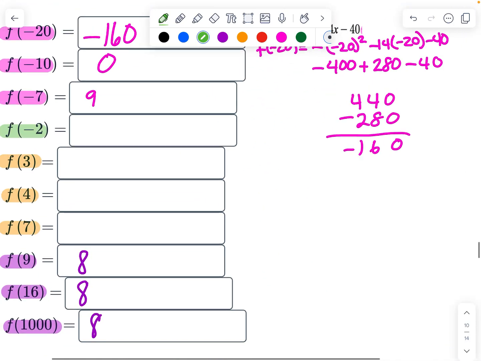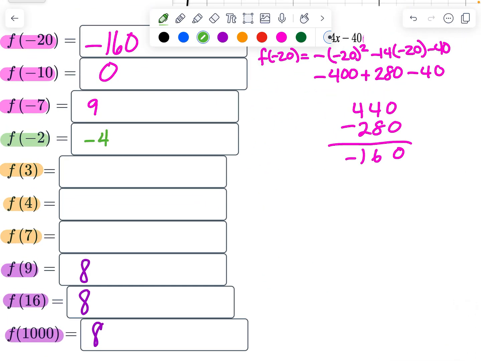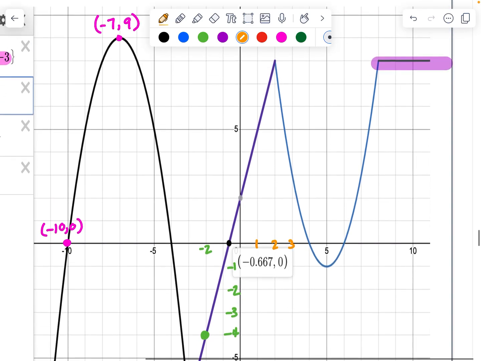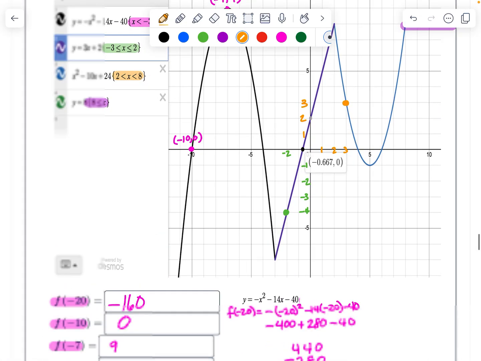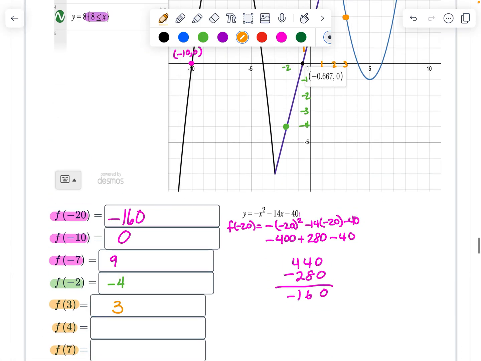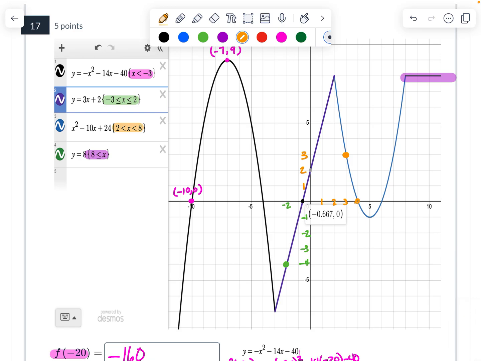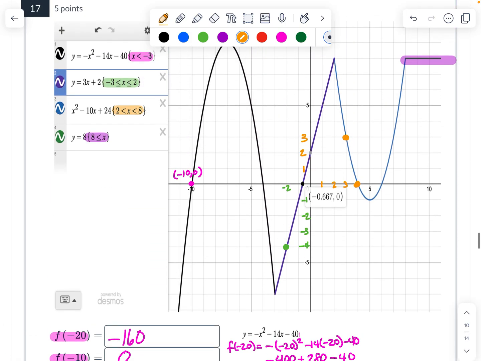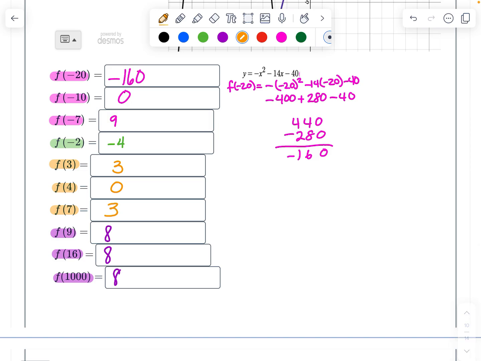So that would be -2, -4. Then we want 3. 1, 2, 3. And let's go up and hit here, that is 1, 2, 3. So that's the ordered pair 3, 3. So that's a 3. The next one is a 4 right there. So that's 4, 0. And the next one is a 7. So this is where 7 is, right there. And that is 7, 3. So that is a 3. And there is that answer.